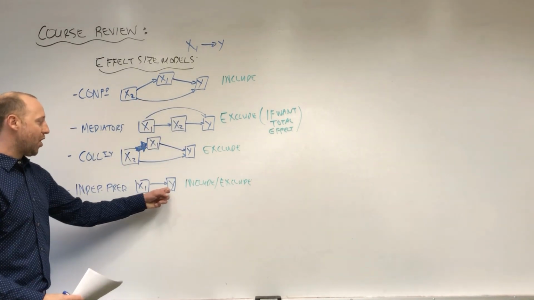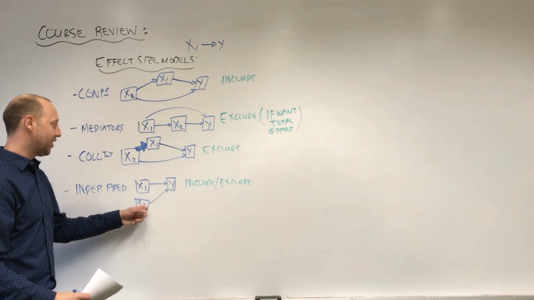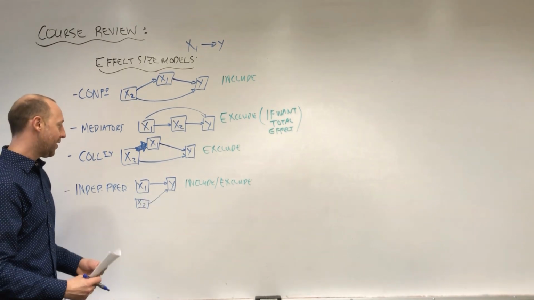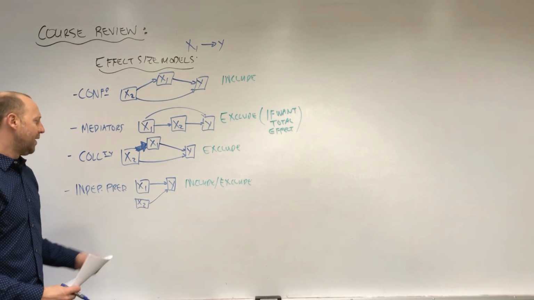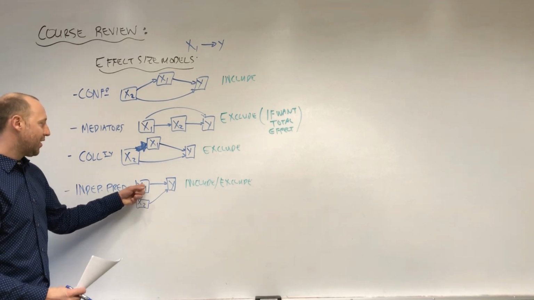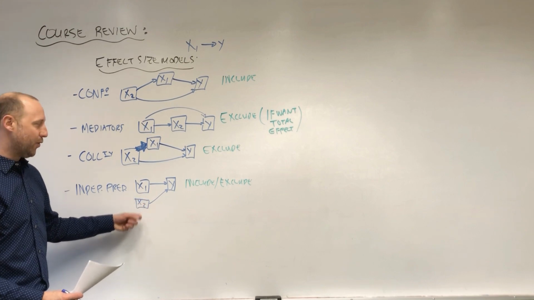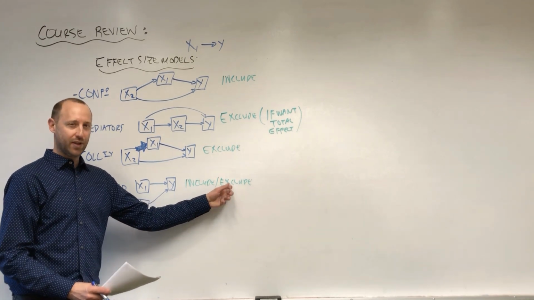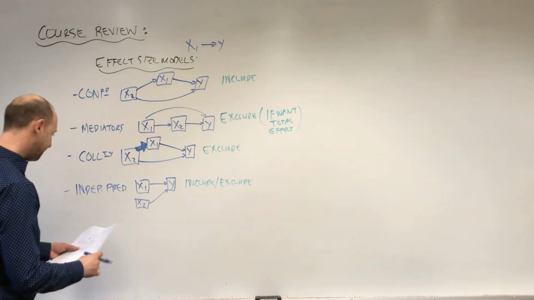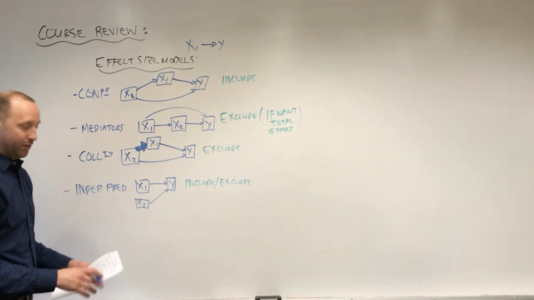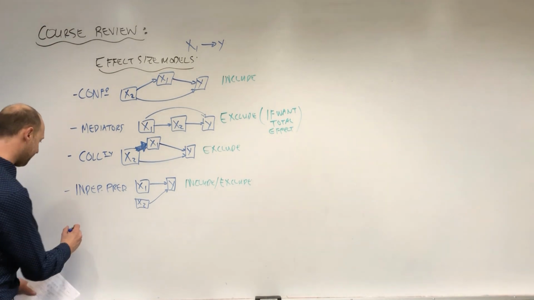If x2 is a strong predictor of the outcome, that's a good argument to include it. It often will also decrease the standard error for B1. If x2 is not a confounder, it doesn't need to be adjusted for, and that's the argument for excluding it. So we talked about the pros and cons of each of these. We won't get to redoing that whole discussion here.